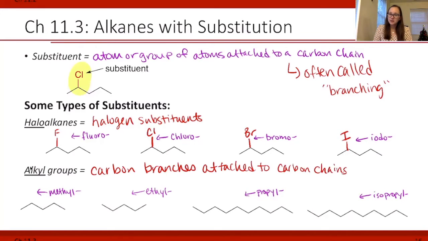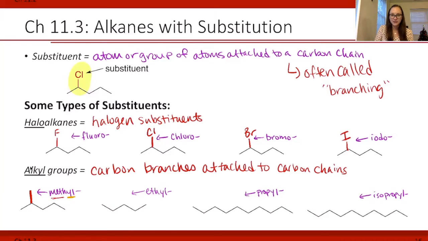For example, we could have a methyl group that comes off of our carbon chain. You notice how we have our linear alkane that I have in black, and then you have another carbon coming off of it. That is a branched carbon, and since there's only one carbon, we're going to have meth as our prefix, and then YL means that it's a substituent.